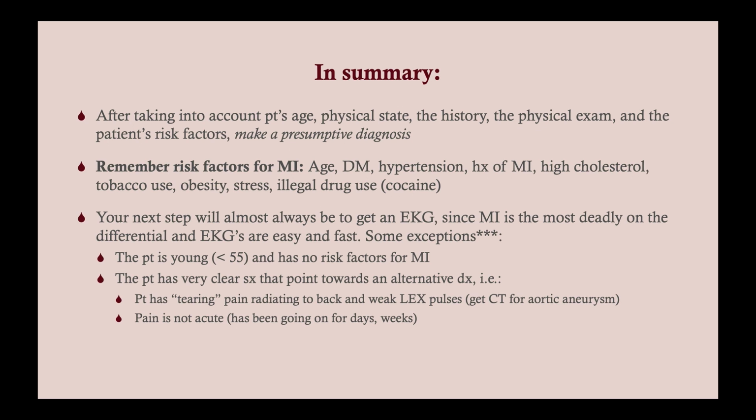So in summary, after taking into account the patient's age, physical state, the history, the physical exam, and the patient's risk factors, make a presumptive diagnosis. But in real life, you're going to have a list of things that you think it may be, and you're going to do certain tests to rule each thing out or in. But on the test, you need to know your most likely diagnosis, your number 1 most likely diagnosis based on all your findings.